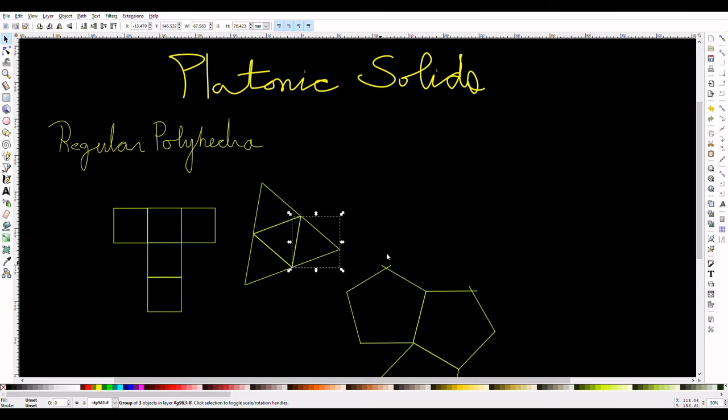And here we are. This shape, when folded up, I can fold these outside vertices directly over the center of the central triangle and make a tetrahedron.